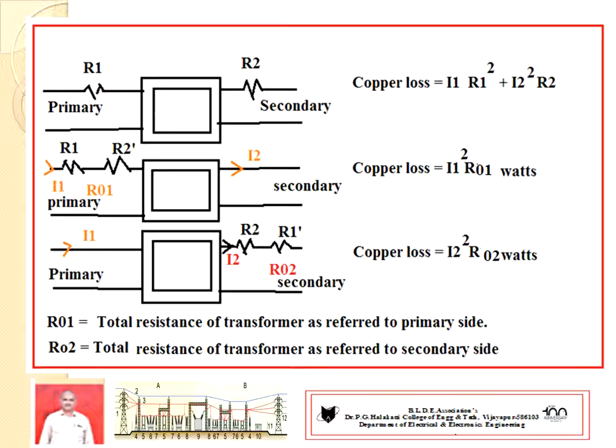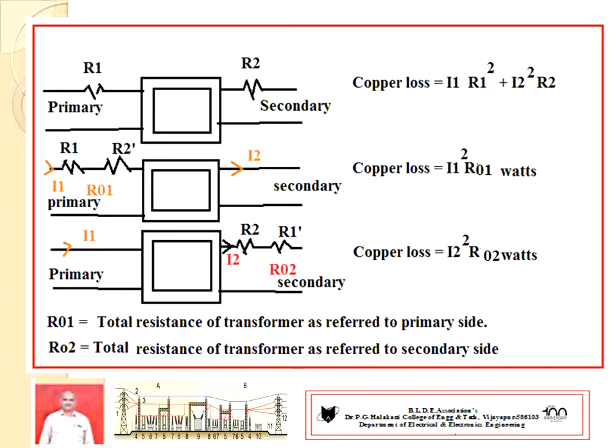Before going to the actual derivation, we have to see that the expression of copper loss may also be written with reference to the primary and with reference to the secondary side. How? Basically, a transformer consists of two windings: one is the primary winding, one is the secondary winding, as shown in figure number 1.